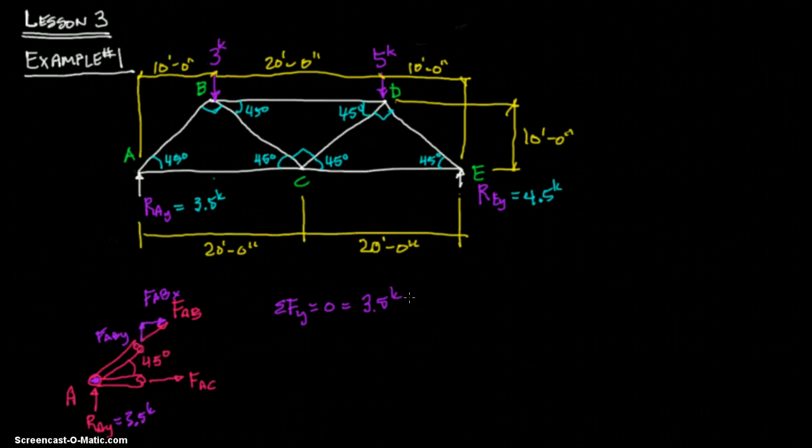Remember, it's going up, so I assumed it was positive, plus FABY, it was in tension, equals 0, and you don't have anything else. So you know that FABY, you subtract 3.5 and bring it over here. FABY equals 3.5, and remember, that's a negative.